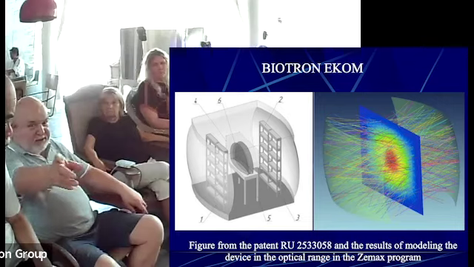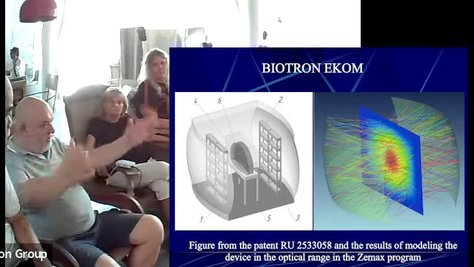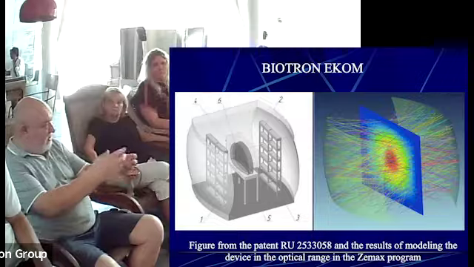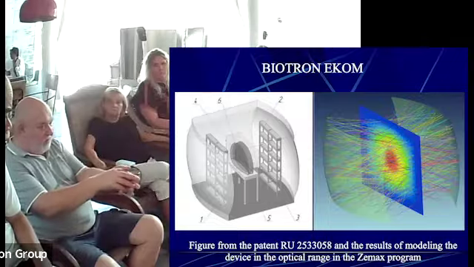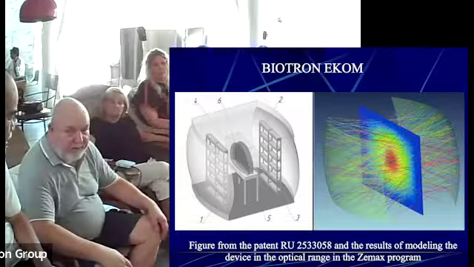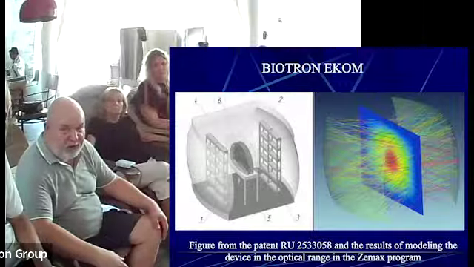I asked to model this device with 2 parts of a sphere, and have a clear result that here is the focal zone. So this is in the middle of the patient, the client. The focal zone goes to the client. Right?